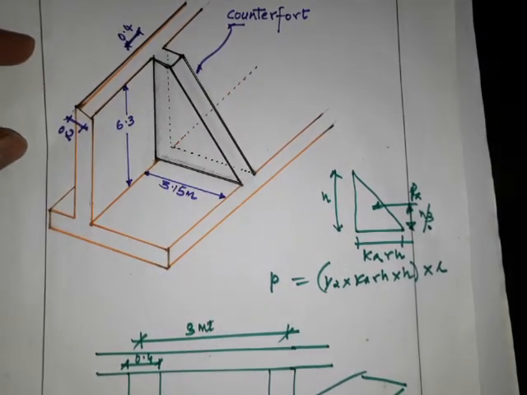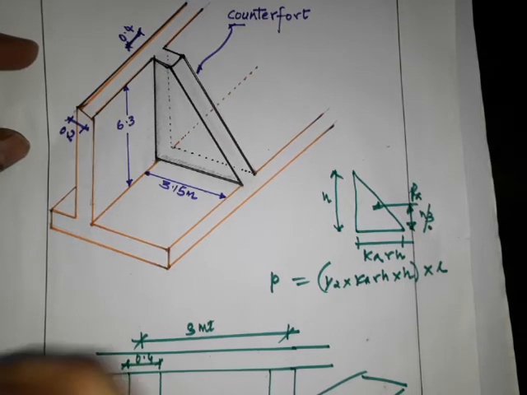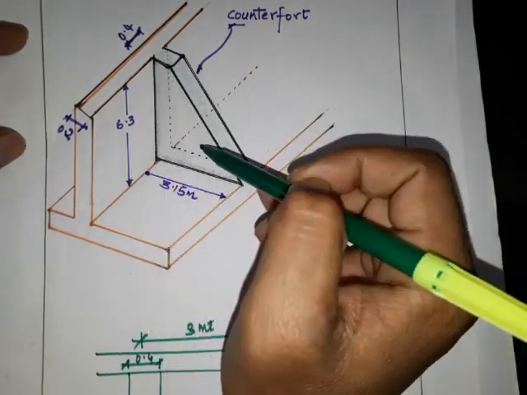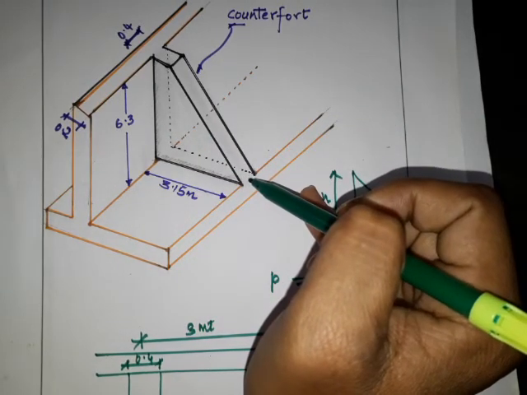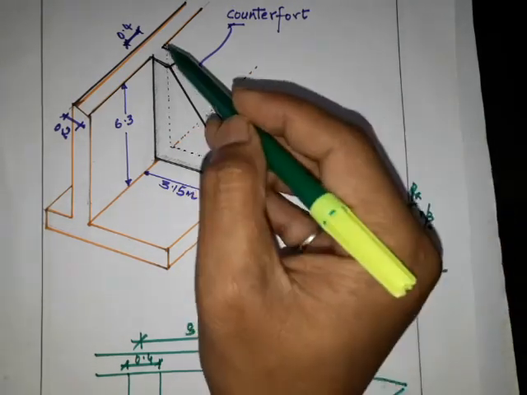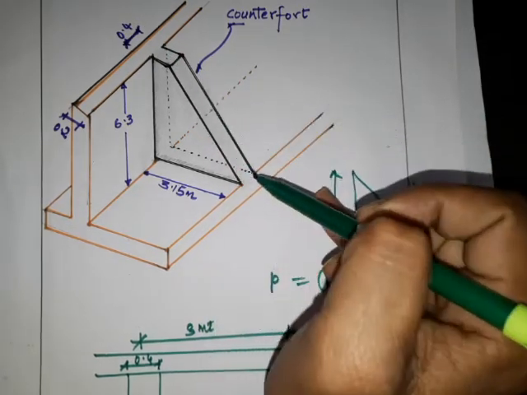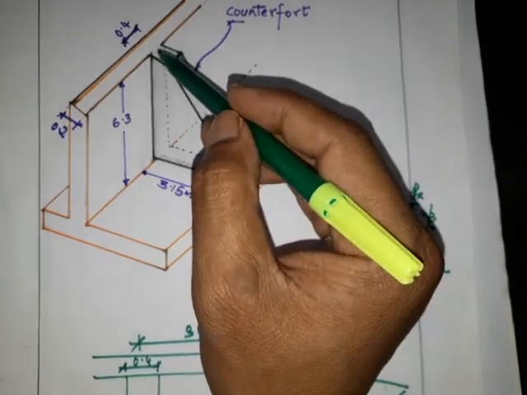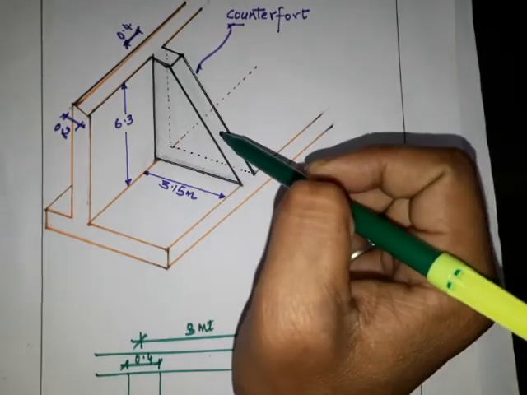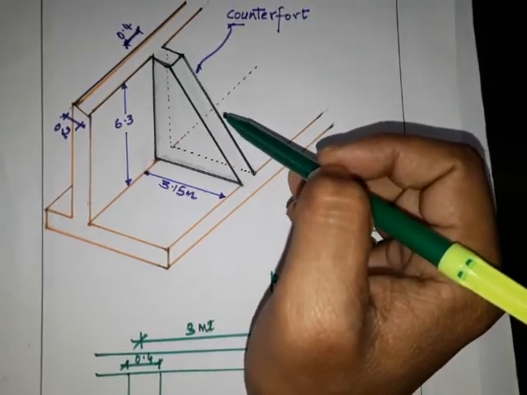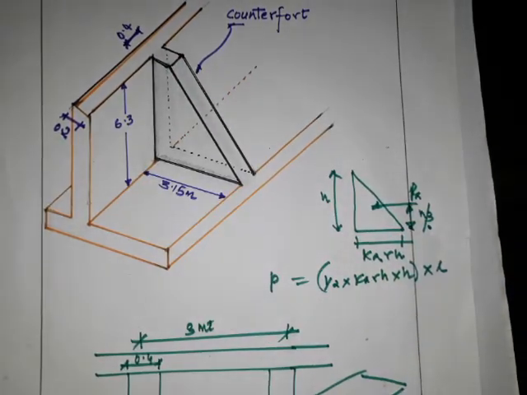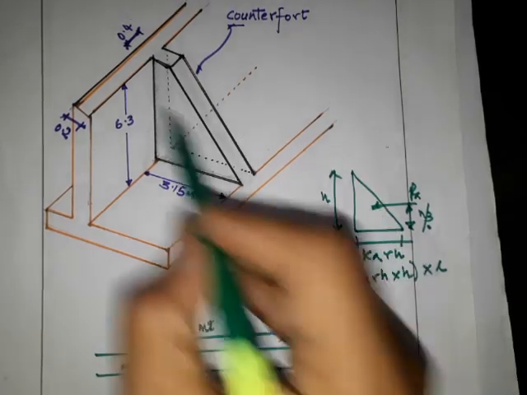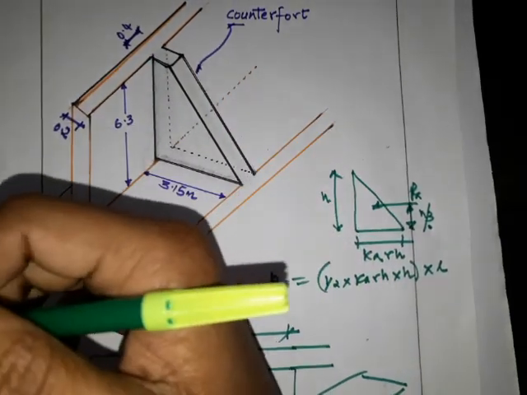So in that case what you can do is curtailment, which means half the bars will be erected throughout the height, and the other 50% of bars will be stopped at a particular height, correct? For the economy, if for 6.3 height you erect all 9 bars, it will be costlier, because the moment at the top will be very negligible.